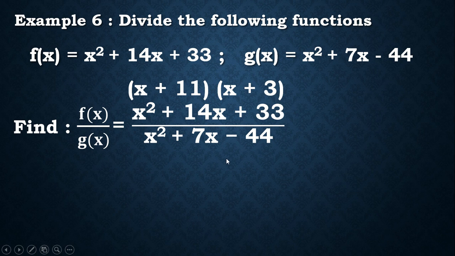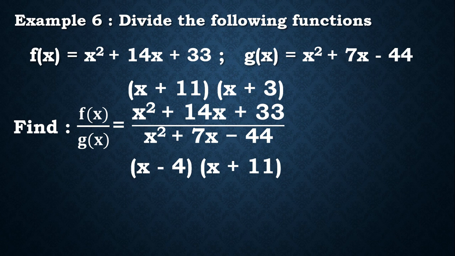And then we have to find the factors of g of x. We come up with the quantity of x minus 4 and the quantity of x plus 11. X times x, that is x squared. X times positive 11, that is positive 11x. That will be added to negative 4 times x, that is negative 4x.